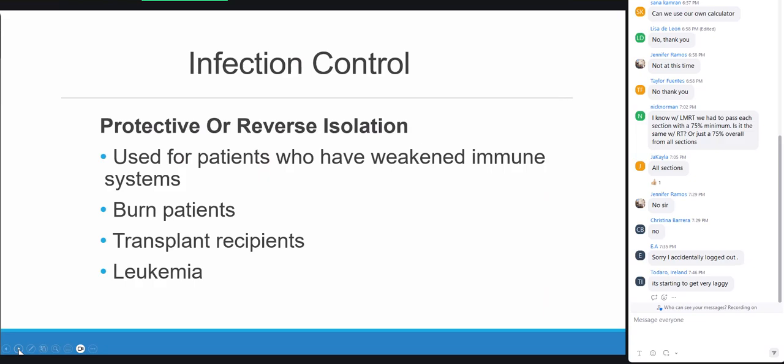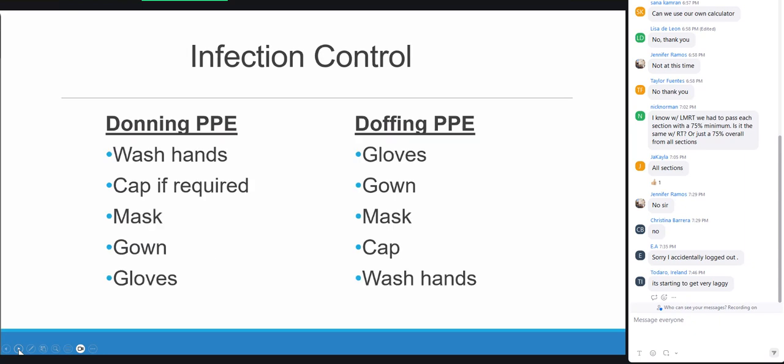Now, protective or reverse isolation is going to be used for patients who have weakened immune systems, burn patients, transplant recipients, and patients with leukemia. Our infection control, including the donning and doffing. This is the correct order from top to bottom of putting on the PPE.